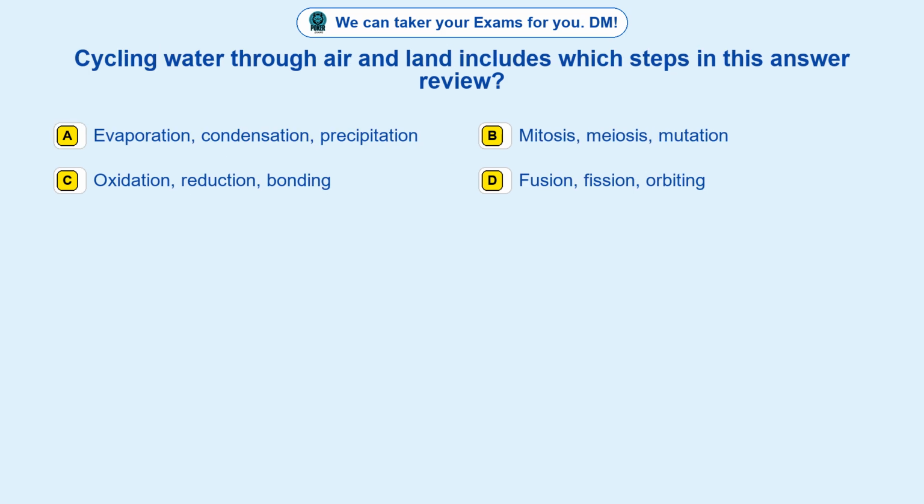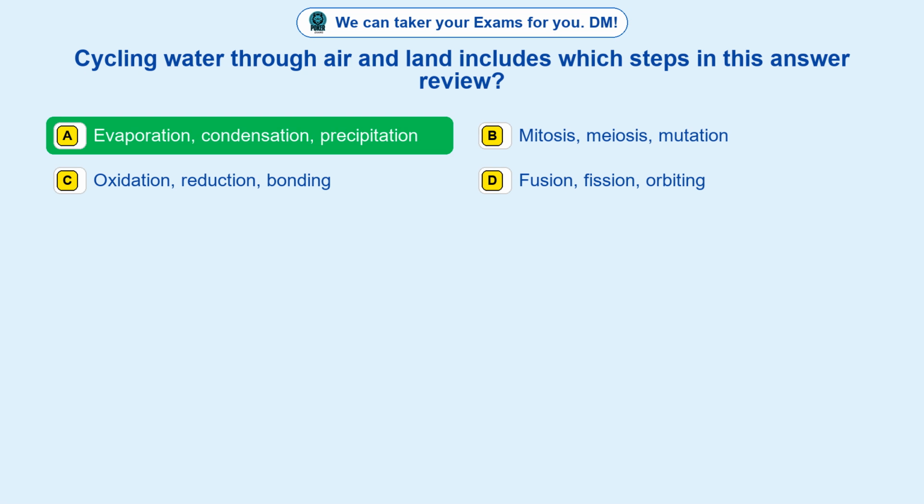Question 87. Cycling water through air and land includes which steps in this answer review? Option A, evaporation, condensation, precipitation. Option B, mitosis, meiosis, mutation. Option C, oxidation, reduction, bonding. Option D, fusion, fission, orbiting.